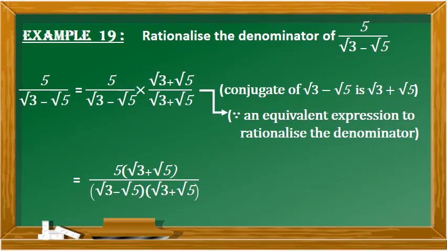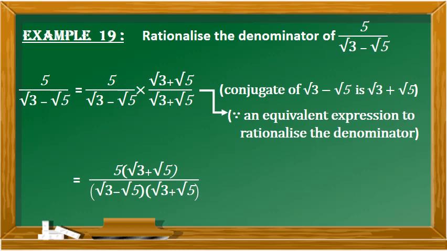Example 19 is rationalize the denominator of 5 by root 3 minus root 5. You can see the denominator is an irrational number over here. So to rationalize it, first of all we have to find the conjugate of the denominator and multiply the numerator and the denominator with that conjugate. We get 5 by (root 3 minus root 5) into (root 3 plus root 5) by (root 3 plus root 5).